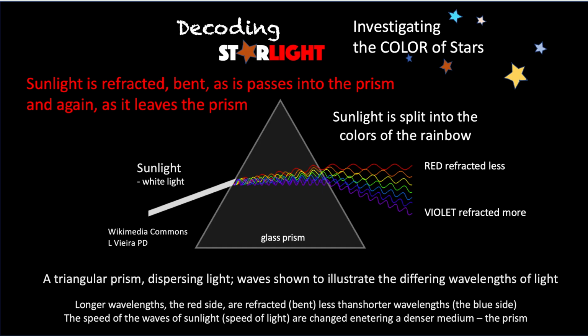But if you split the sunlight, the white light, with a glass prism, the sunlight is refracted, bent as it passes into the prism, and again it's going to be bent as it comes out of the prism. And the longer wavelengths are refracted less, the reds, and the shorter wavelengths, violets and blue, are bent more.